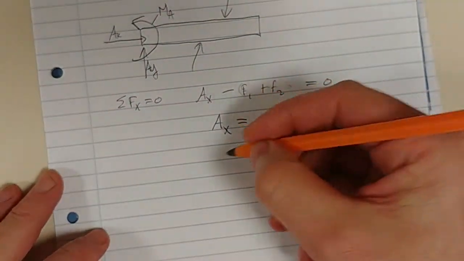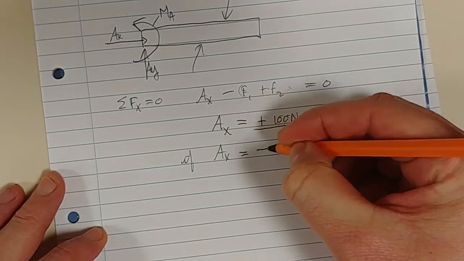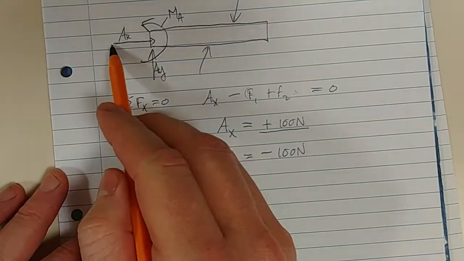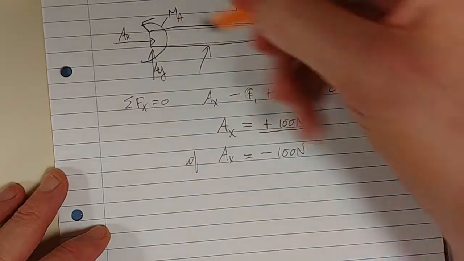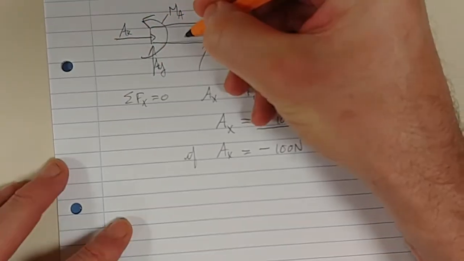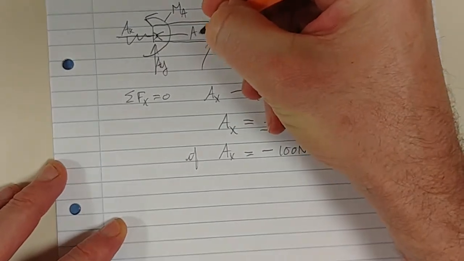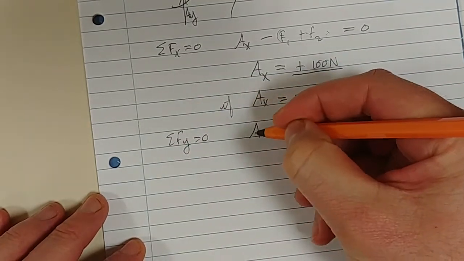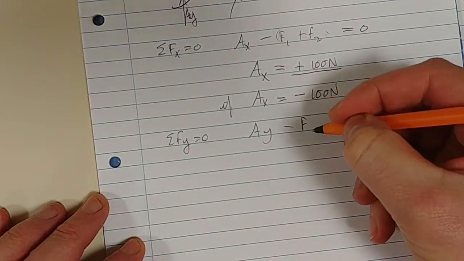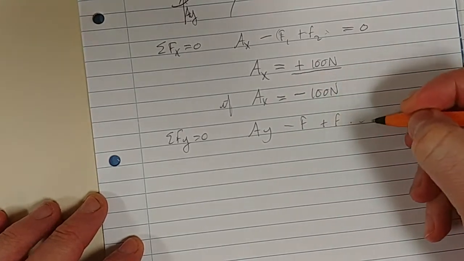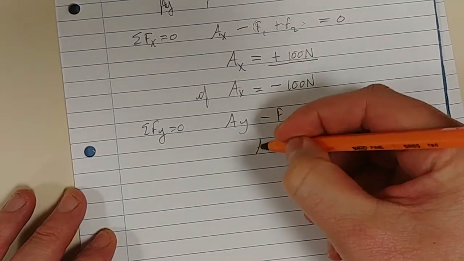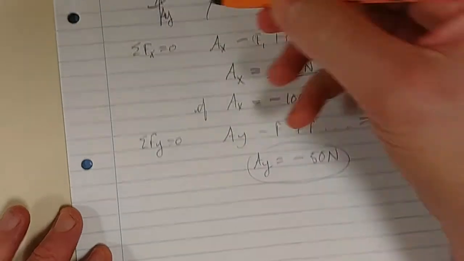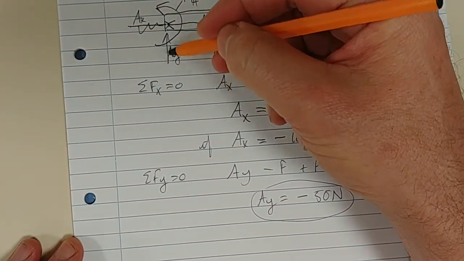If you got AX equal to minus 100 Newton, then that means that you initially pointed the arrow in the wrong direction. So what that actually means is that the AX should actually be in that direction. Similarly, if you said sum of the forces in the Y equals 0, and you've got AY minus this force, plus that force, etc. in the Y direction, and you solve for AY, and you got minus 50 Newton, then what that means is you've chosen that arrow to be in the wrong direction.